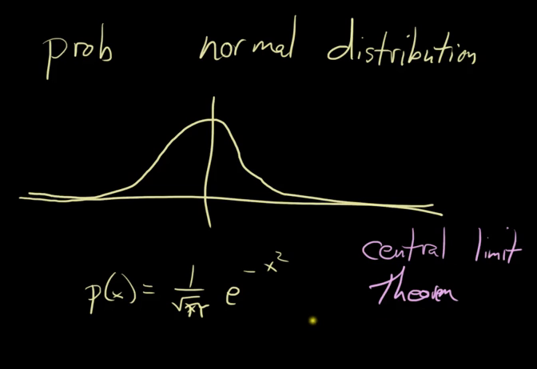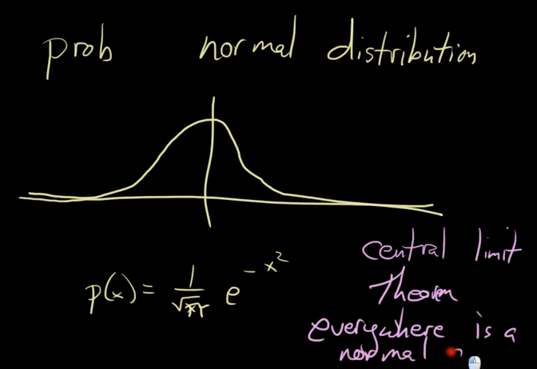So it basically says everywhere you look, there is a normal distribution. It may not be the distribution you care about, but if you keep averaging that distribution over and over again, then you wind up with a normal distribution. So this guy is pretty key for doing anything in statistics, and we'll talk about him quite a bit.